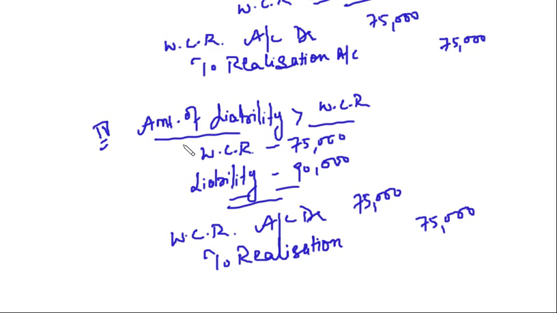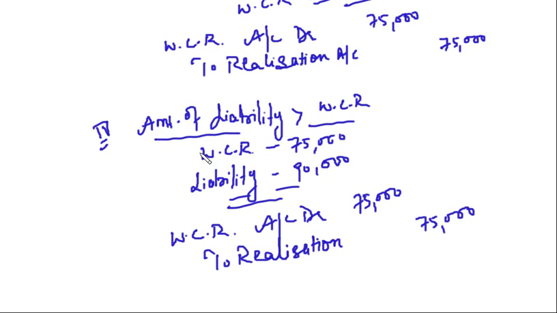Then if the amount of liability is greater than reserve, then the whole amount of reserve will be transferred to realization account. Clear, friends? I hope this much is clear to you. Workmen compensation reserve. Clear?